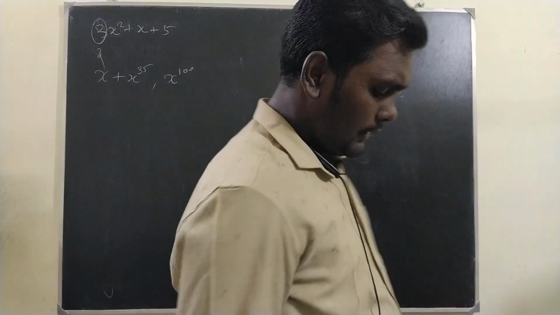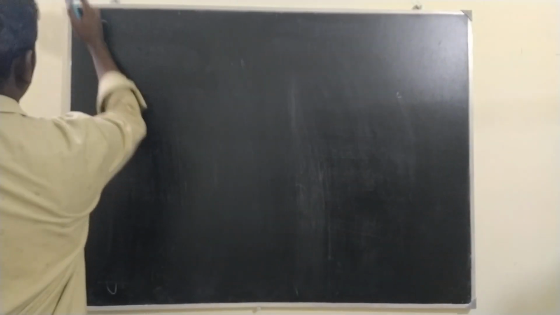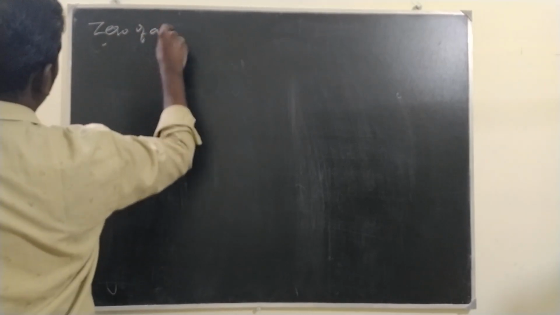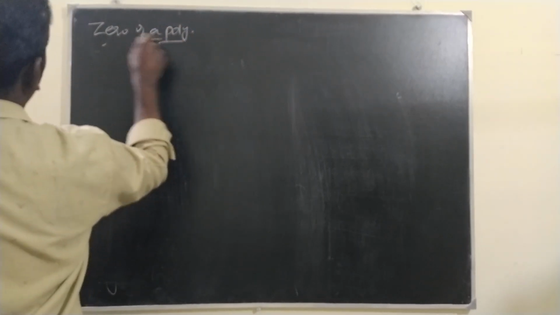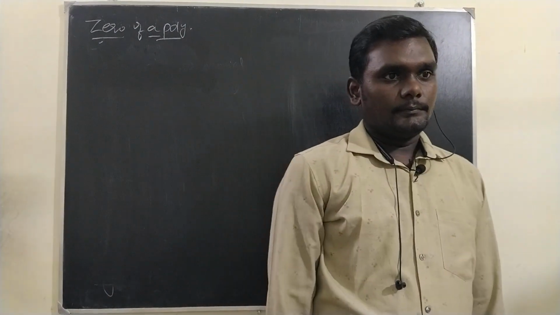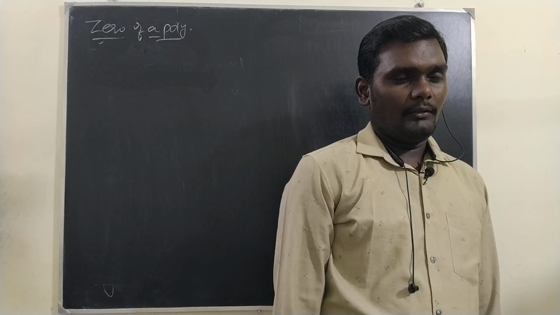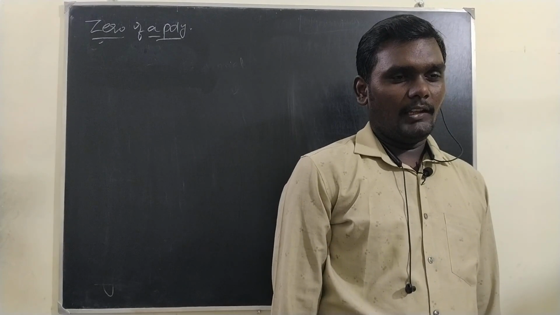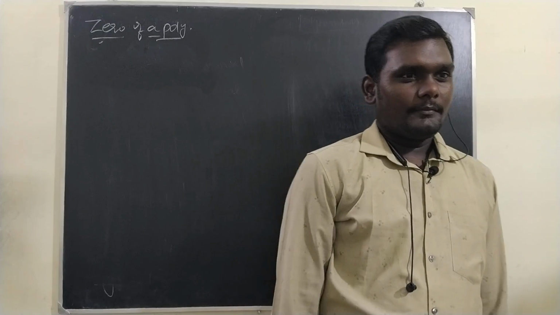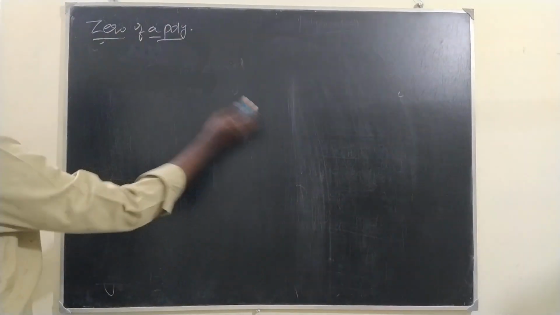The next thing is zeros of a polynomial. Zero of a polynomial means, see, we are having a variable. x square and x, that x is a variable.